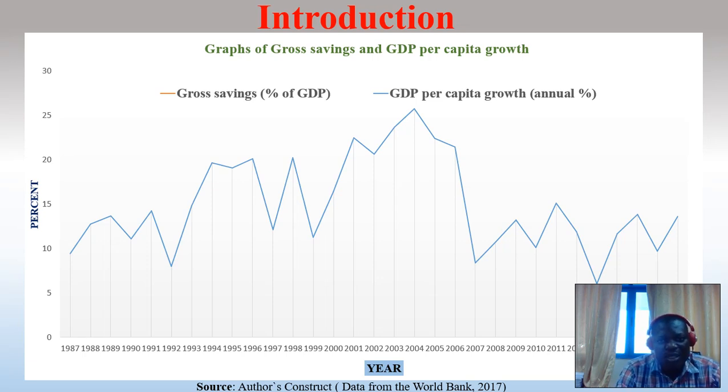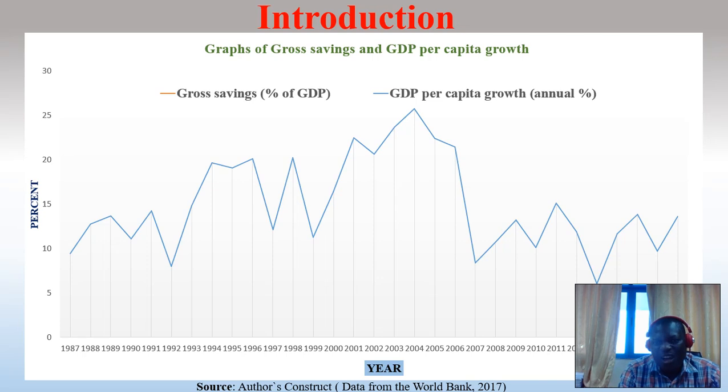I now look at the GDP per capita or per capita income. This also shows an undulating nature, periods where GDP per capita grows steadily, and a period where it gets to a peak and falls sharply, and thereafter rises sharply and plateaus at a point and falls. So the graph actually shows a peak, a trough, a rising point and a descending point.